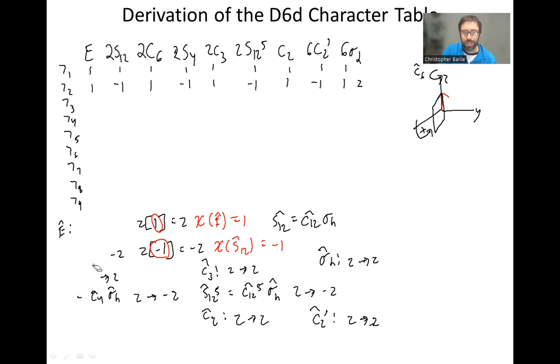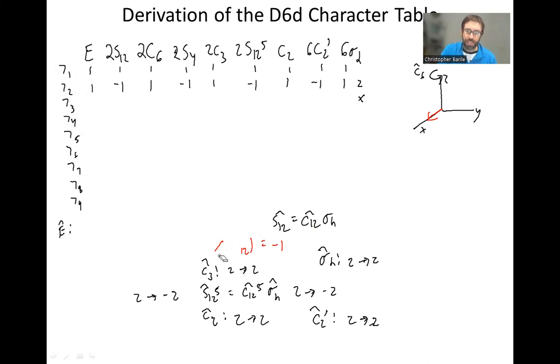And so from here, the next one that we'd like to do usually is do x, right? And so we go through the same process, but now not with a z vector, but we're going to test the x function. And so I'm going to draw an x function just to help us visualize that, just like the z function, except it's coincident with the x-axis now.